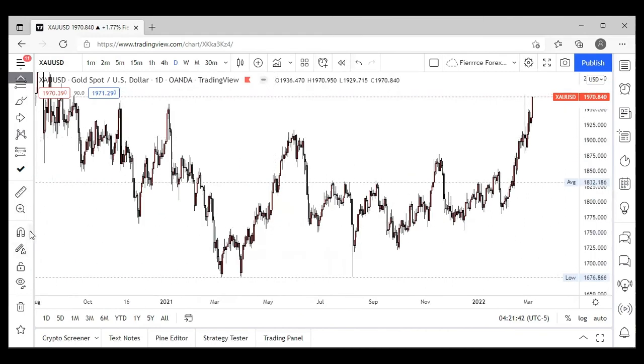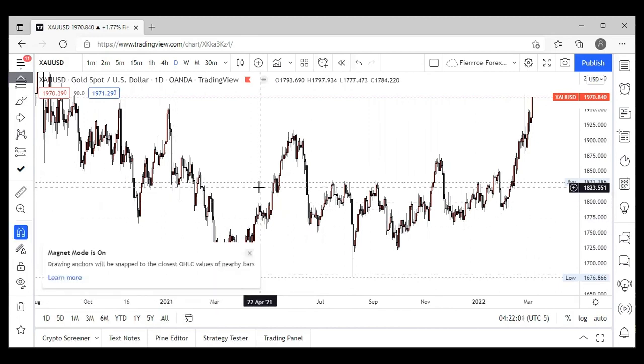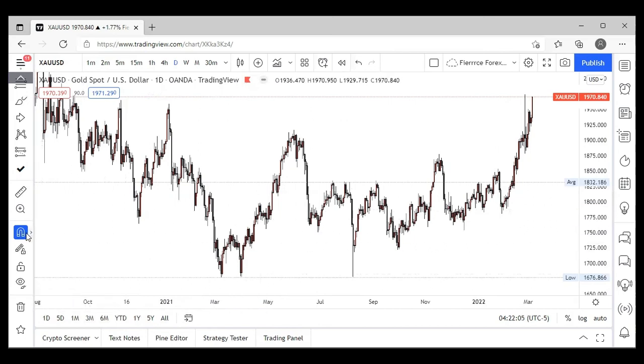Then we have this here, magnet mode: snap drawings placed near price bar to the closest OHLC view. So weak magnet, strong magnet. I don't actually use this, and I don't think you even need to know what it does from the beginning.